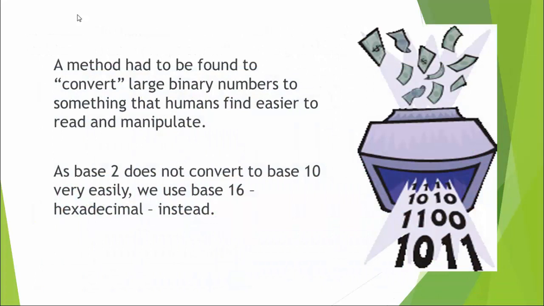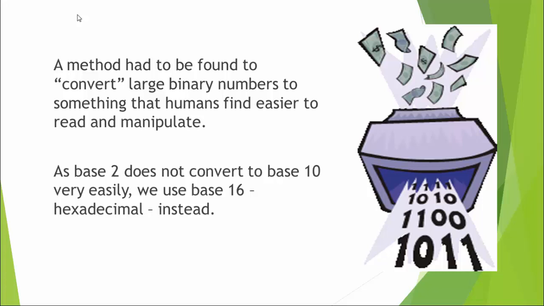So early on, it was discovered that we needed to be able to convert large binary numbers, groups of ones and zeros, into something that humans could read and manipulate accurately. Now, they could have decided to convert to base 10, to decimal.